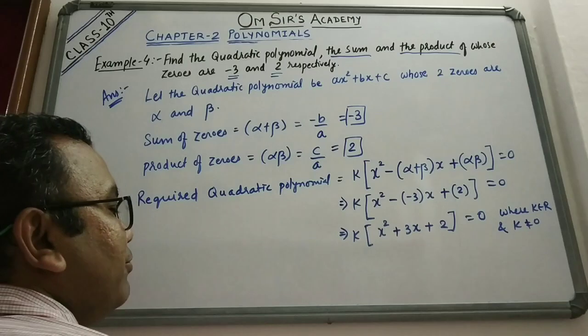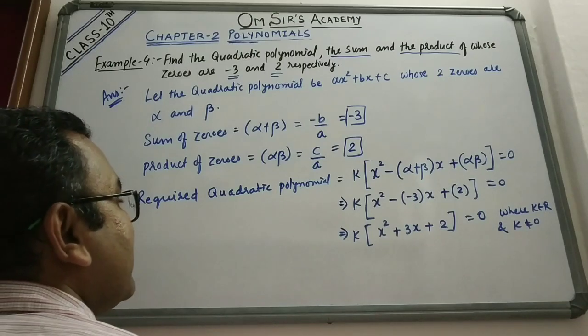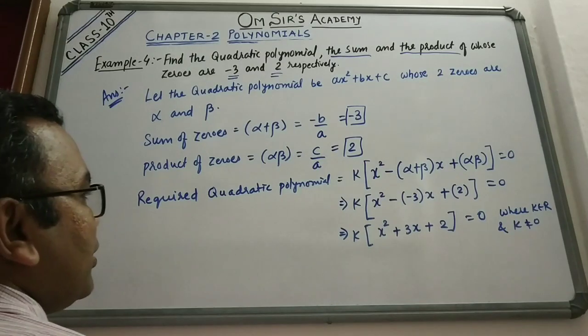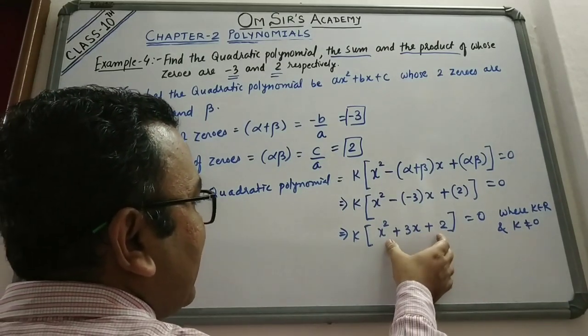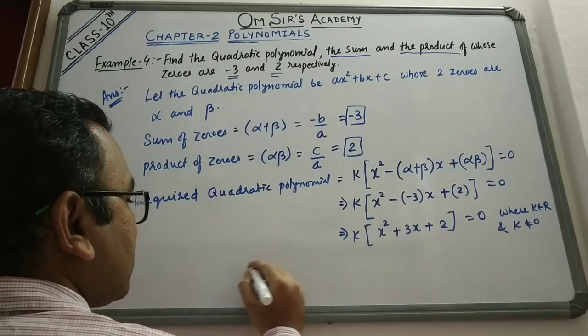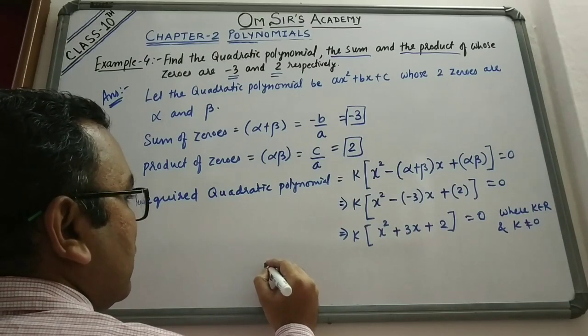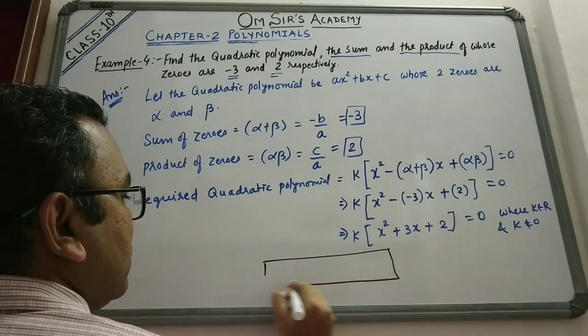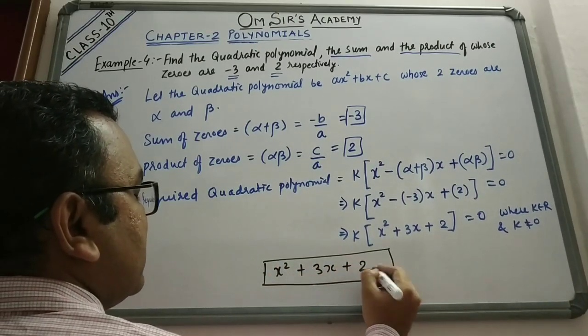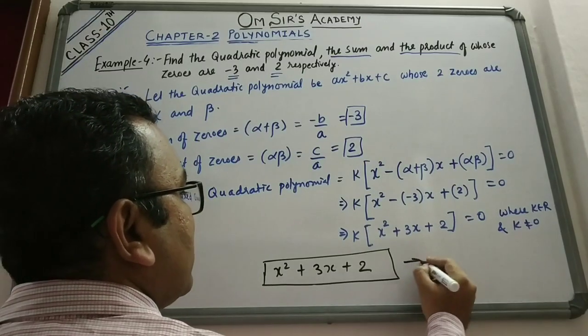Is it clear? K will not be equal to 0. Okay friends, so required quadratic polynomial is x square plus 3x plus 2. So what is your answer? Answer is x square plus 3x plus 2. This is your answer.